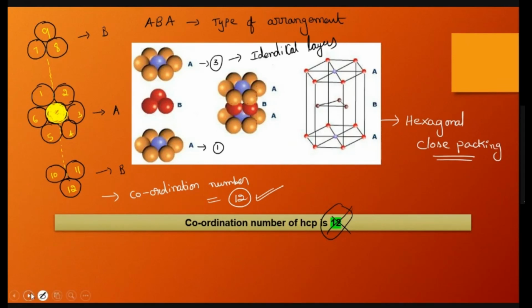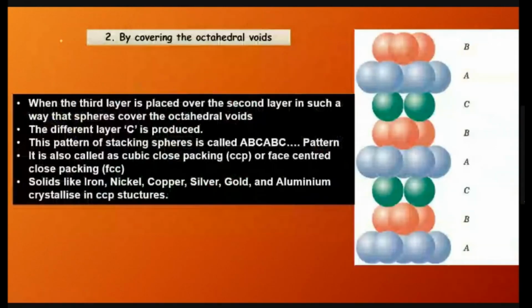Now we are going for the second type. There is a second possibility, that is I can place the third layer by covering the octahedral voids.